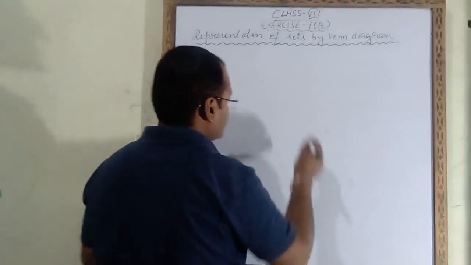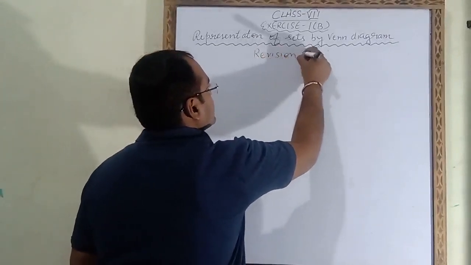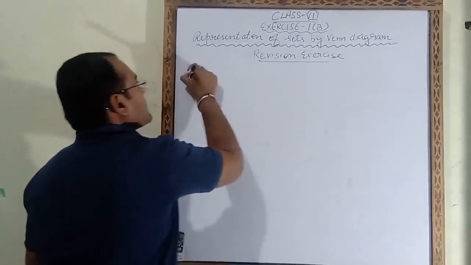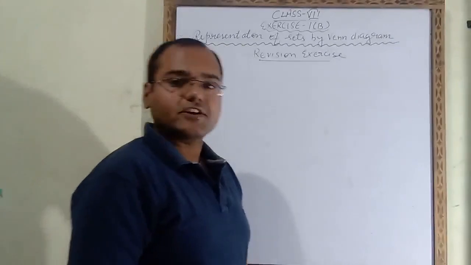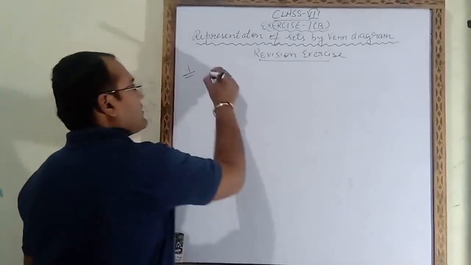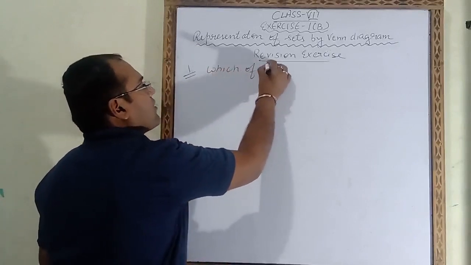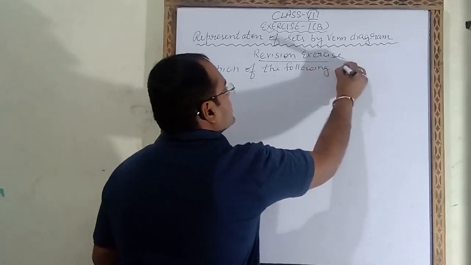Question number first is, which of the following collections is a set? We have to identify which of the following are sets.